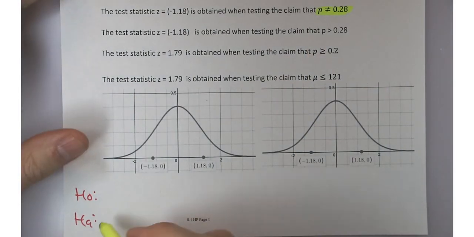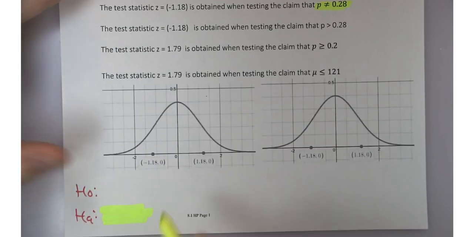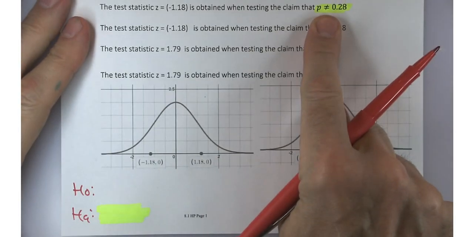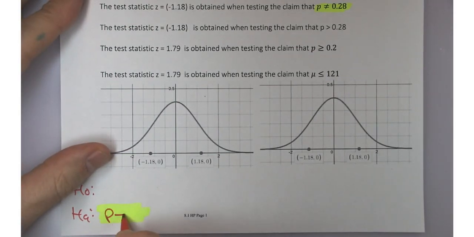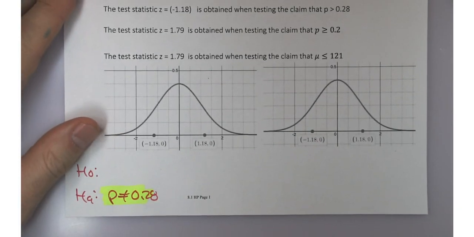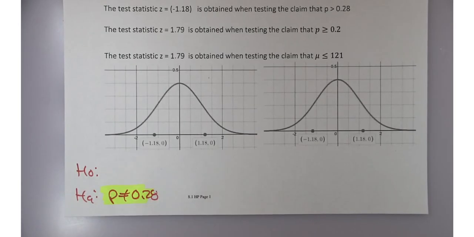Yeah, well done. HA. Why HA? Yeah, it doesn't have the possibility of equality. So if it doesn't have the possibility of equality, that's it. That's the alternative hypothesis. P is not equal to 0.28. Savannah, what would be the opposite of something not equal to 0.28? Okay, what would you state here in the null hypothesis for the everything else?